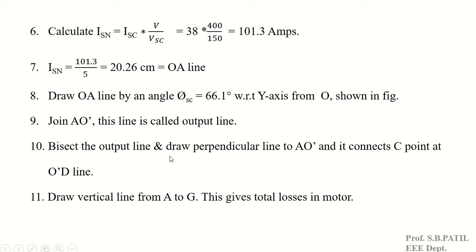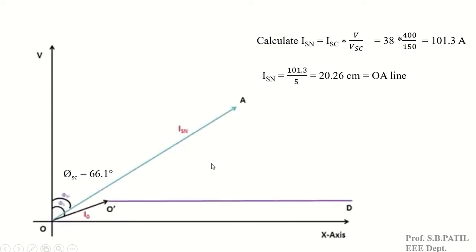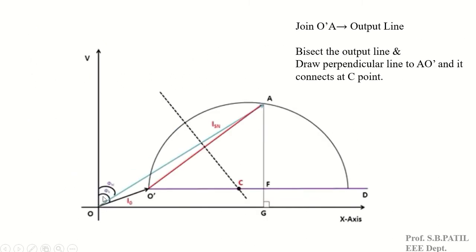Bisect the output line and draw the perpendicular line to AO, and it meets at C on the O dash D line. Draw a vertical line from A to G. This gives the total losses in the motor, that is here.